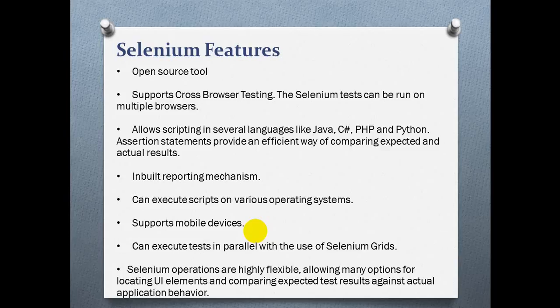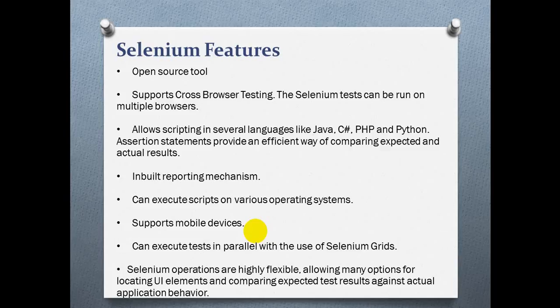The second feature is Selenium supports cross-browser testing, meaning it will support different browsers like Chrome, IE, Firefox. If I have scripts in one browser, I can execute the same scripts with other browsers as well. So my Selenium scripts can be run in multiple browsers.